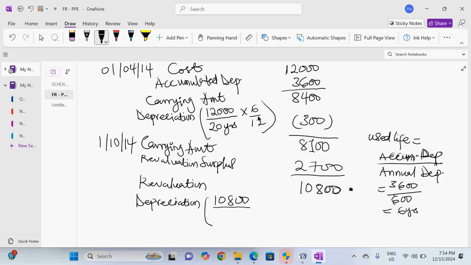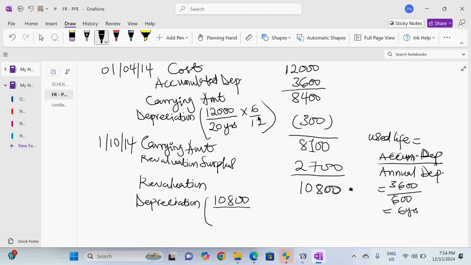The revaluation was done on 1st October 2014. From that month, we still use the assets up to the end of that year. So October, November, December, January, February, March.